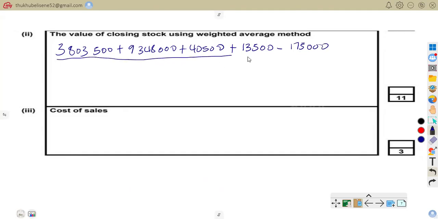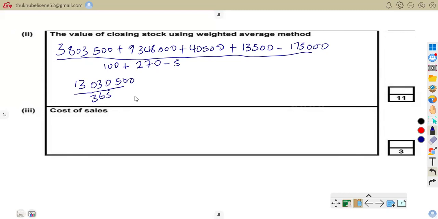So that is that. And then we divide this by our units. Our opening units is 100 plus the units that we bought during the year, that is purchases, that is 270. Then the returns of the watch, then we subtract that. So like I've said, you are going to get 13,030,500 divided by 365. So you get 365 here in units.